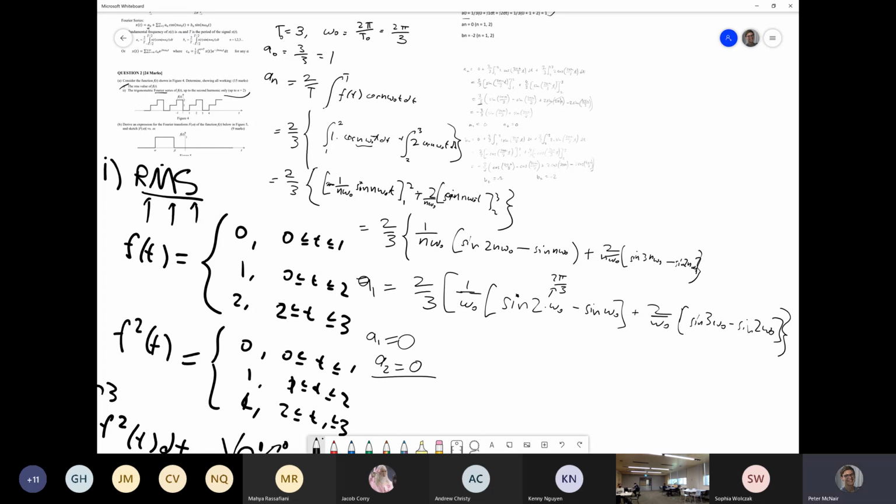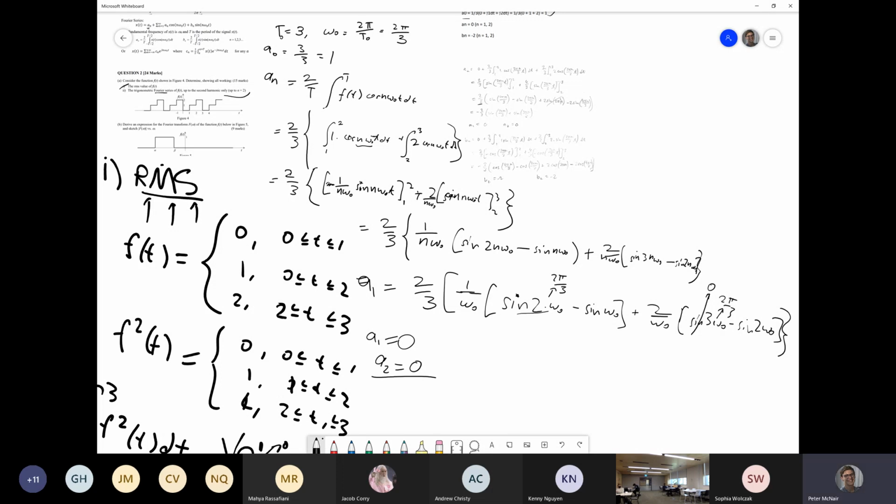Yeah, so this one's going to go to 0 because it's 3 times 2 pi on 3. So that goes to 0, and then sine of that minus sine of that, 4 pi on 3.